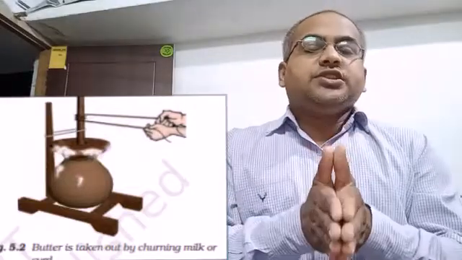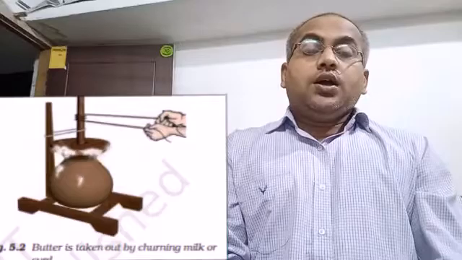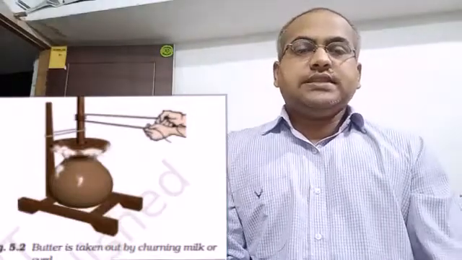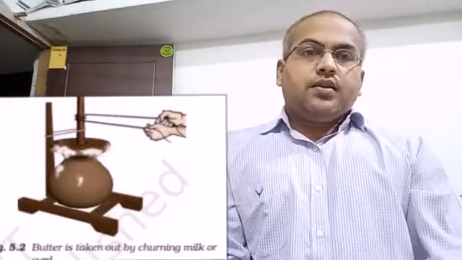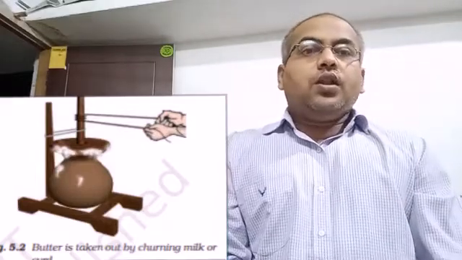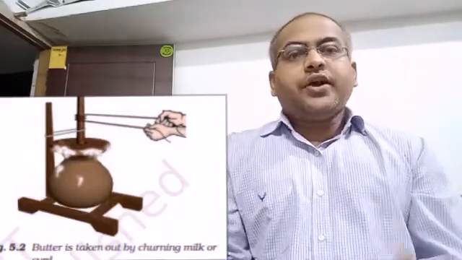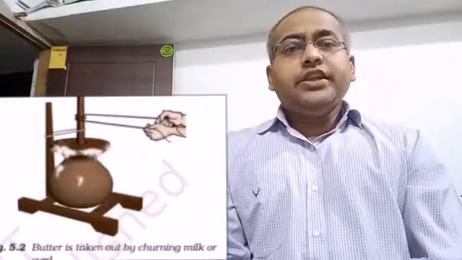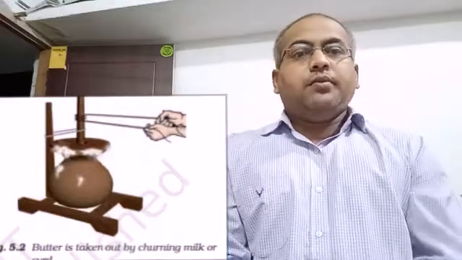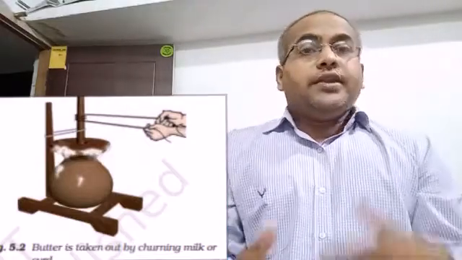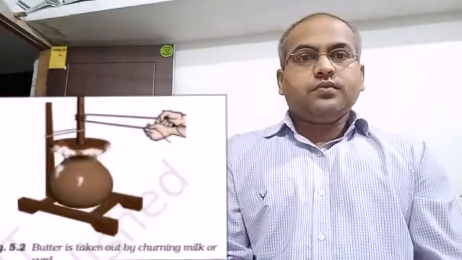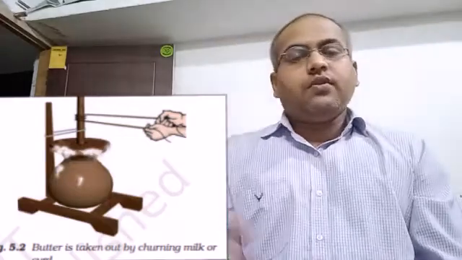This separation helps us to use different things as per our need, and it benefits us in several ways. So class, I hope you all are able to understand this introduction of this chapter, that we need to separate substances for our benefit, and in our daily life this type of process is going on and on, in our home, outside of our home.